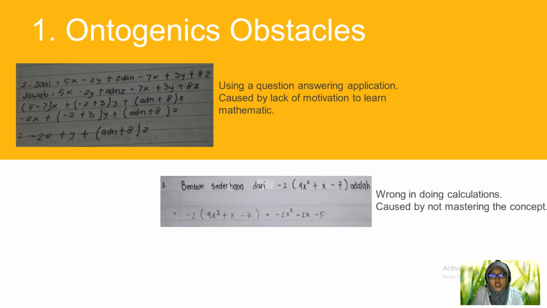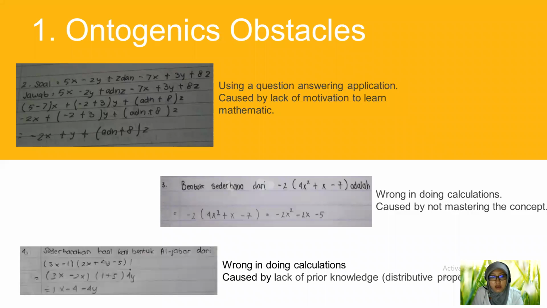And the second figure, the mistake is wrong calculation caused by not mastering the concept. And the third figure, the mistake is wrong calculation caused by lack of prior knowledge about distributive property.